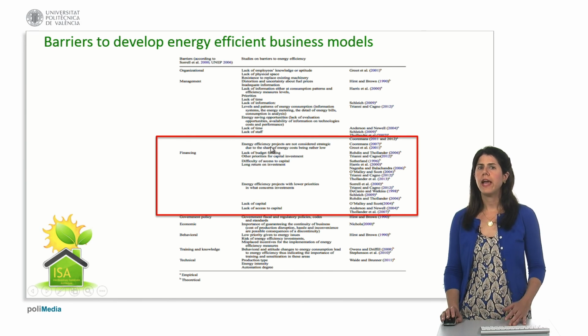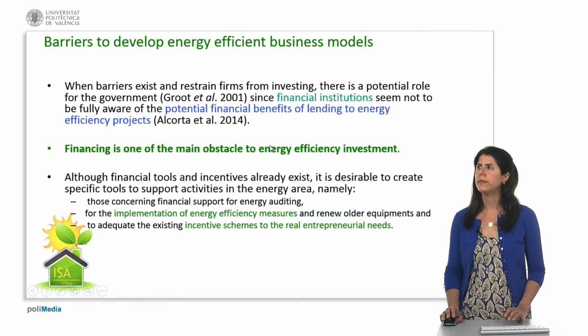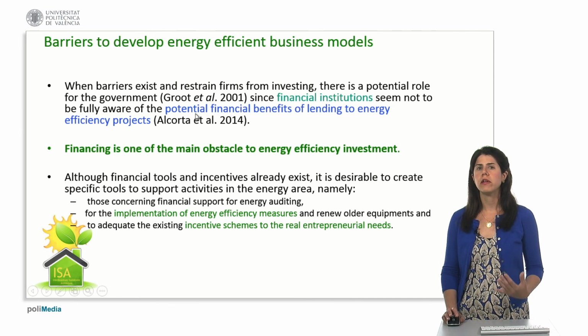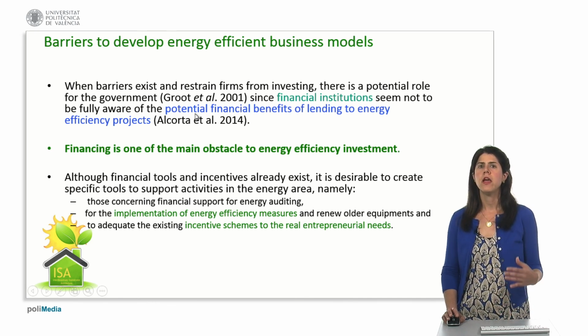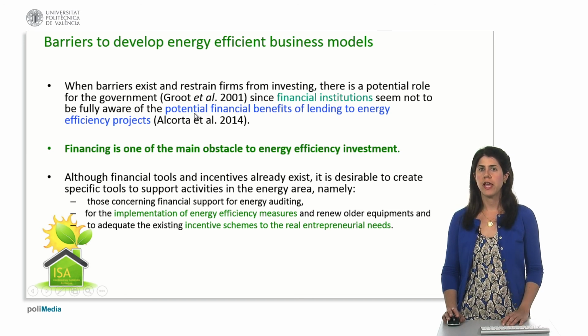So how can we mitigate this situation? Well, this is when government should take an active role and needs to make companies fully aware of the benefits that the development of strong business models for climate change technologies has a positive impact on society.